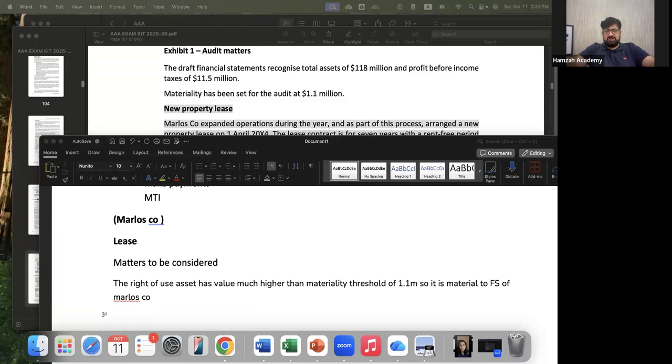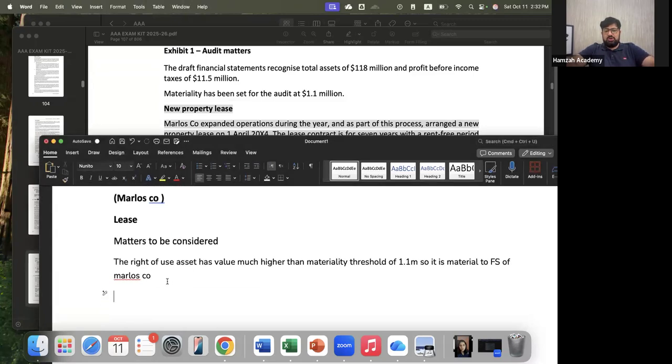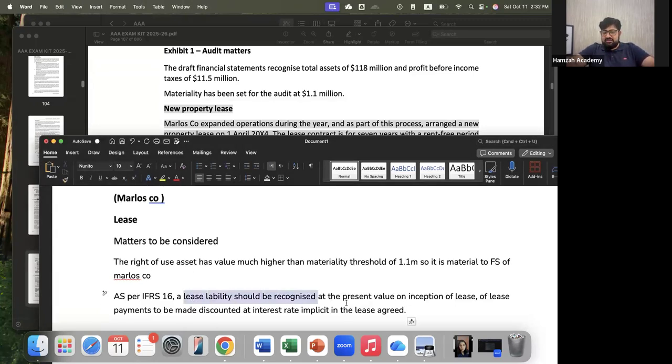Now, so first of all, we will talk about IFRS says lease liability should be recognized at present value on inception of lease payments, present value of lease payments to be discounted at interest rate implicit in the lease agreed.